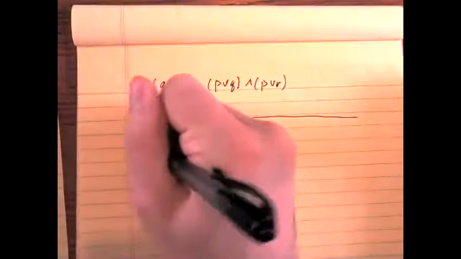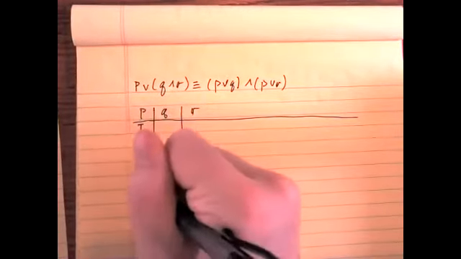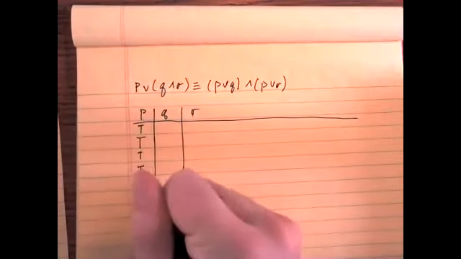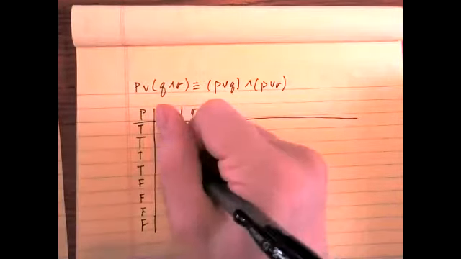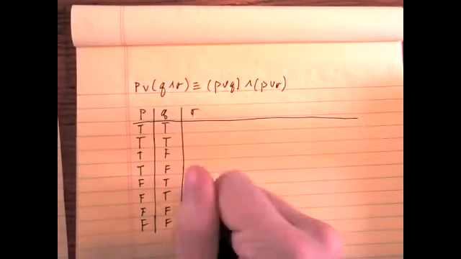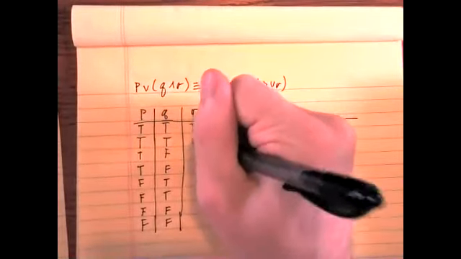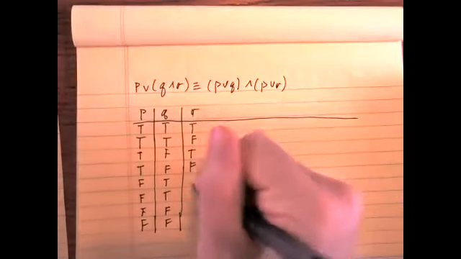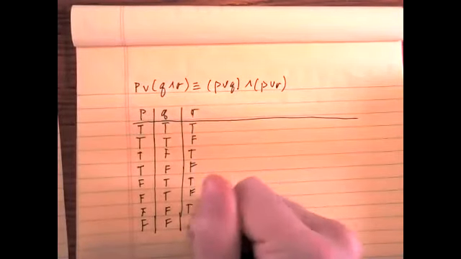Okay, so P is true, true, true, true, false, false, false, false, Q is true, true, false, false, true, true, false, false, and then R is going to be true, false, true, false, true, false, true, false.